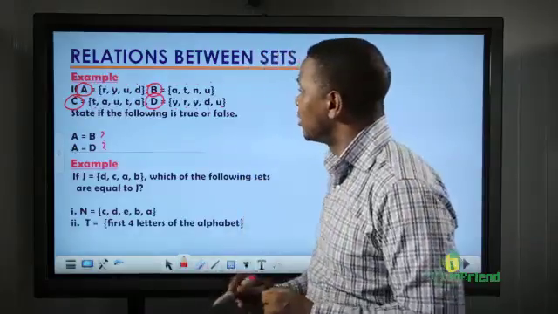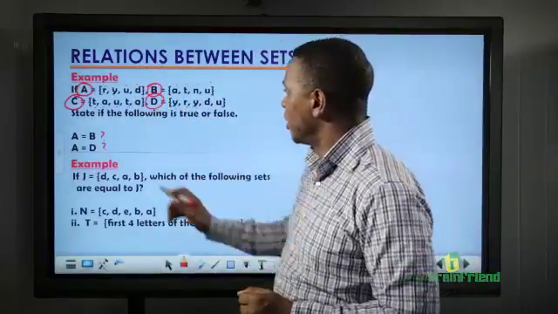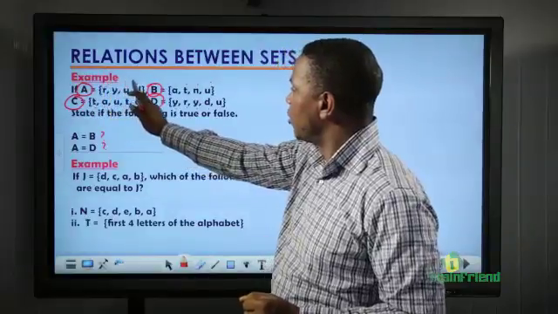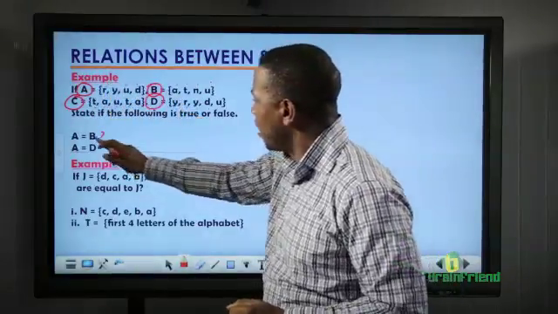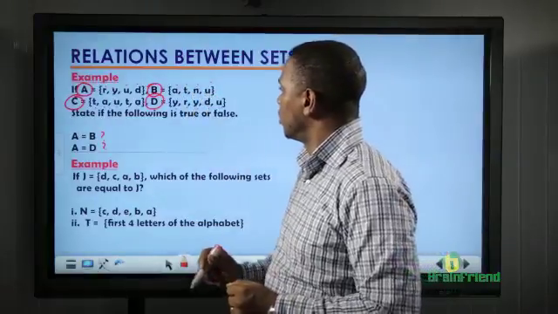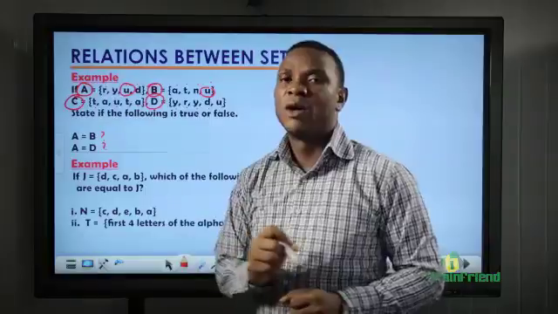To do that, we'll quickly take a look at the elements of every one of our sets here. A has elements R, Y, U, D, while B has A, T, N, U. Notice that U is the only element that is present in each of our given sets.